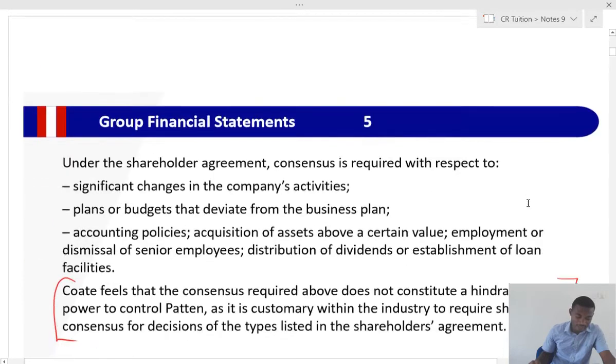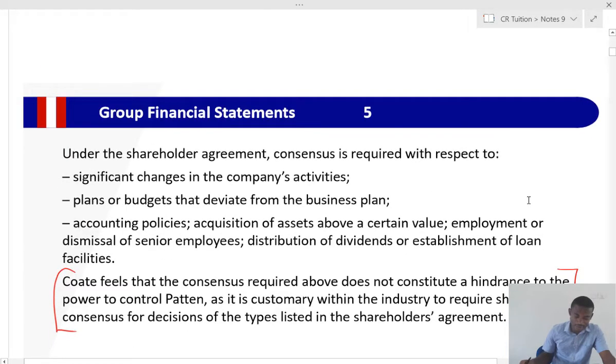Now, under the shareholder agreement, consensus is required with respect to significant changes to the company's activities. Now, when we say consensus, it means that the 2 parties have to agree. So it means that there is no majority decision making. The 2 parties have to agree.